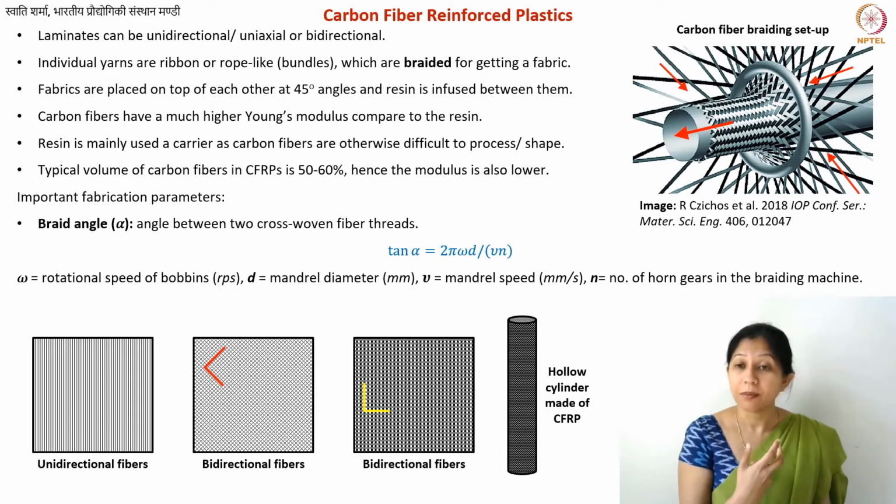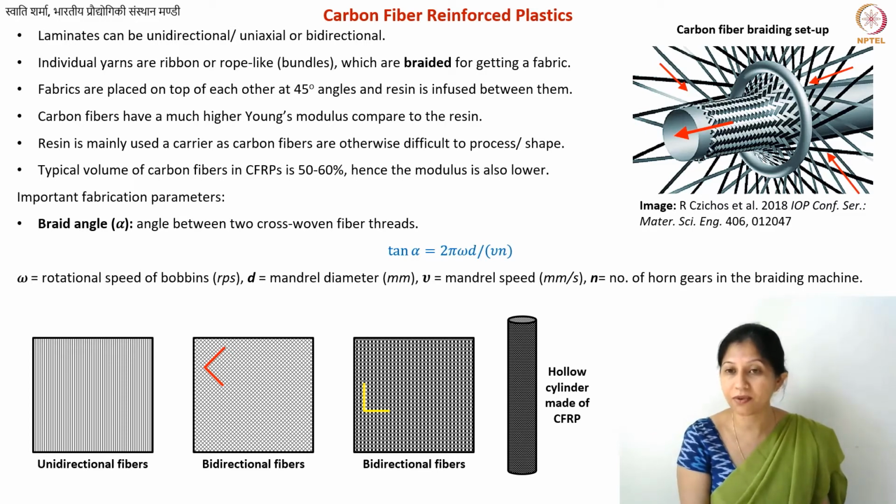If your braid angle is not exactly 90, so if you get 85 or 95, then that is your manufacturing defect, and that braid angle is determined by this relationship that I have shown here. So this braid angle is alpha, and then you have tan of that alpha equals 2 pi omega d by nu n, and these are the explanation of these structures.